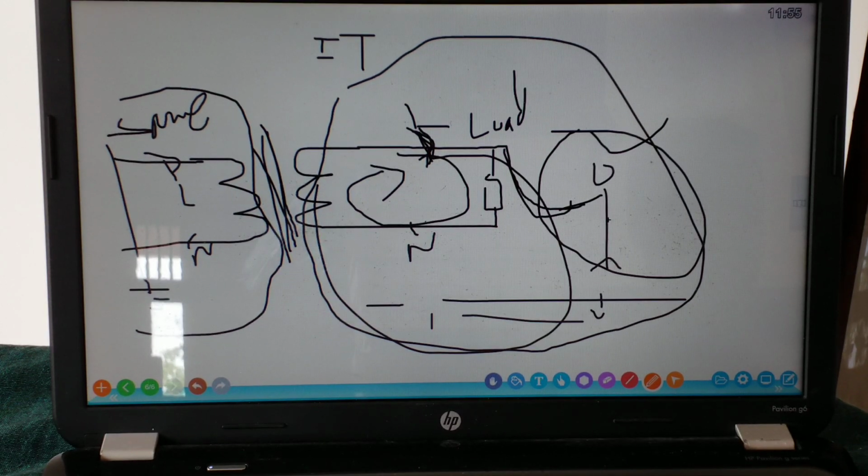But if you are mad enough to touch both, yes, there is a separate closed loop. You will be electrocuted. So this is the IT system, where for completeness we just discuss what the applications of the IT system are.